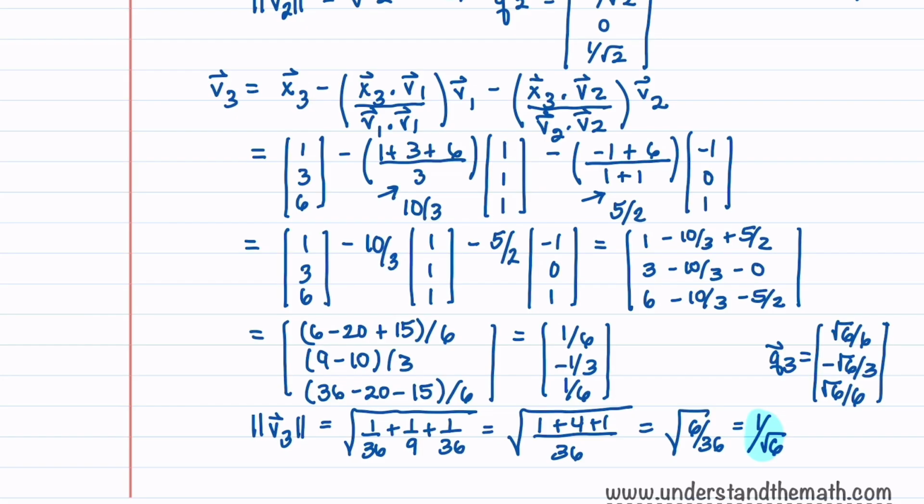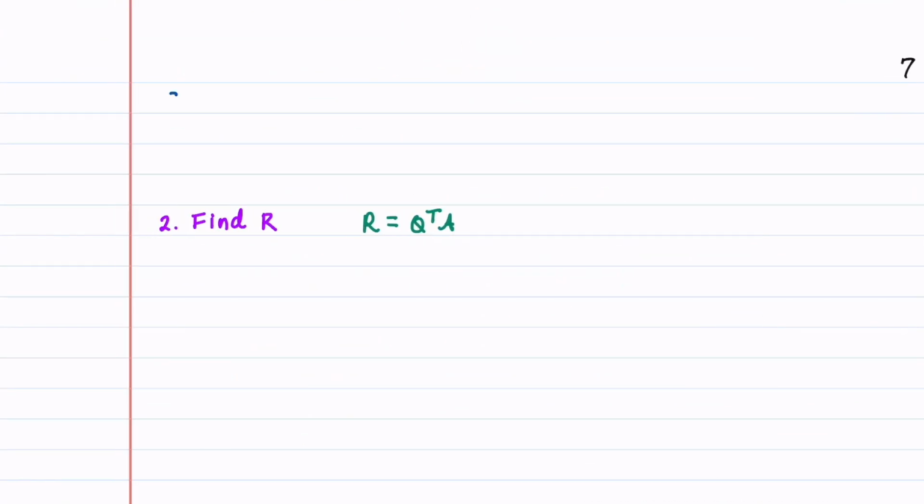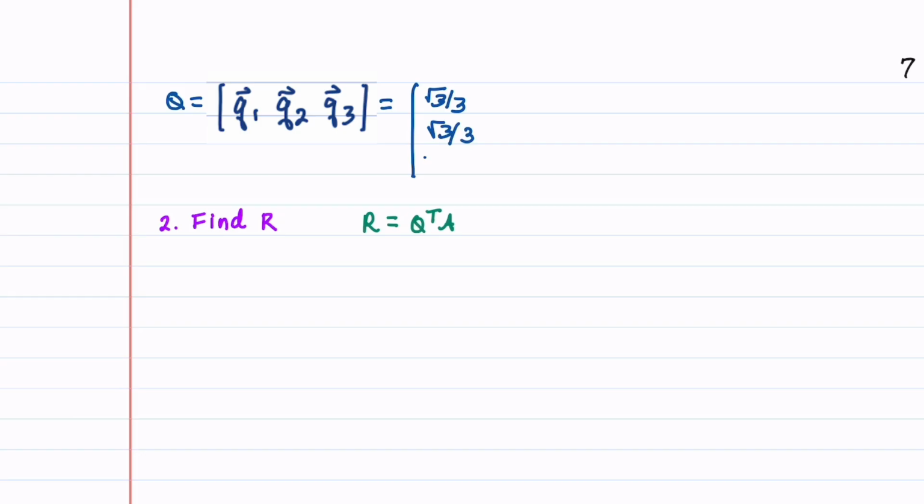Now we're going to grab Q1, Q2, and Q3, and on the next page, we're going to write down matrix Q. Our matrix Q is equal to Q1, Q2, Q3, and from the previous page, these vectors are equal to root 3 over 3, root 3 over 3, and then another root 3 over 3.